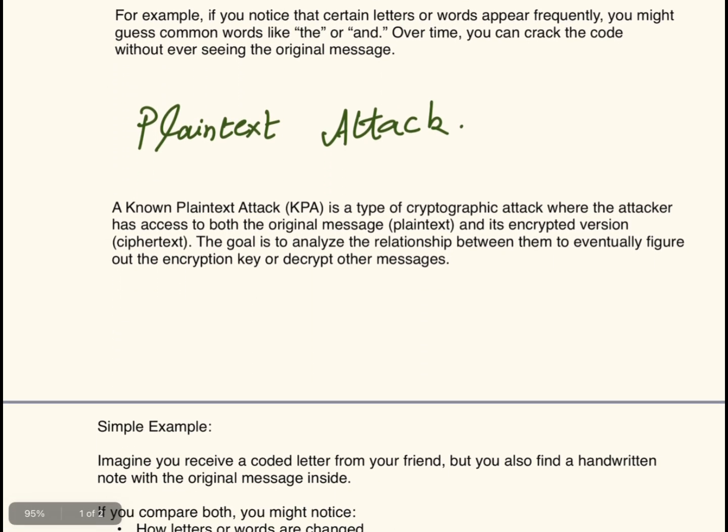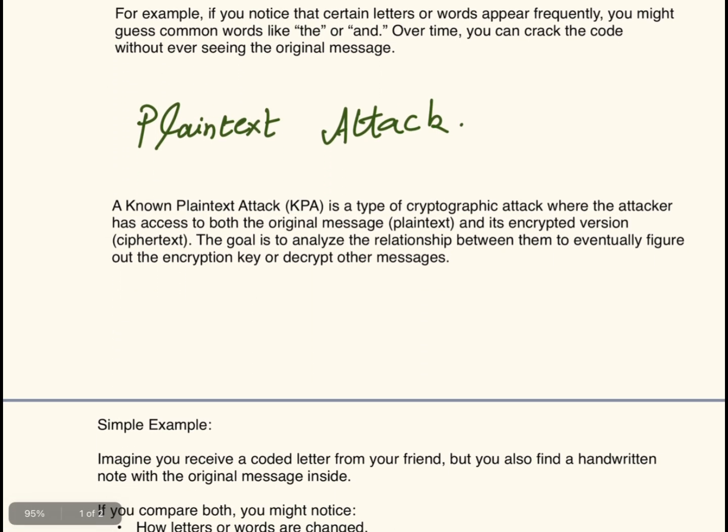The third attack is the known plain text attack. In this attack, the attacker has some plain text messages and their corresponding ciphertext. They analyze both ciphertext and plain text to find encryption patterns.